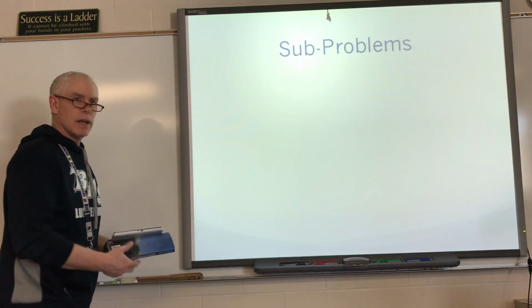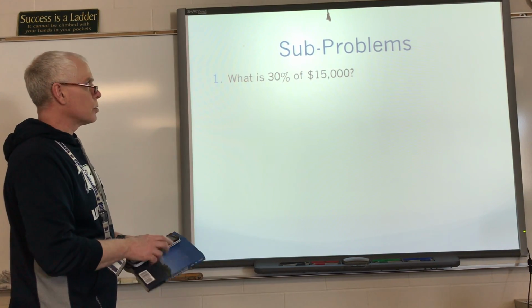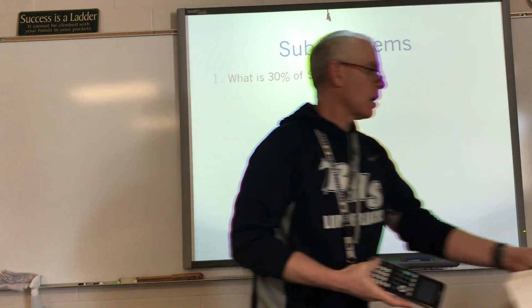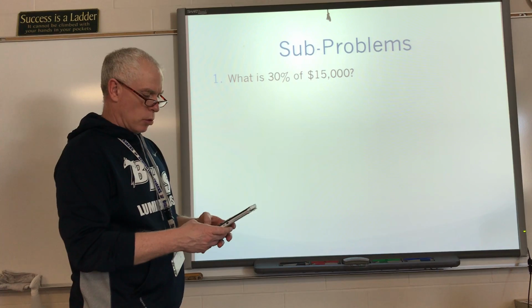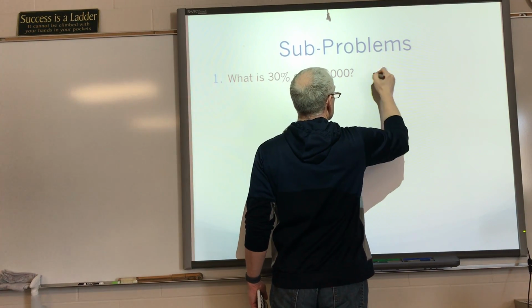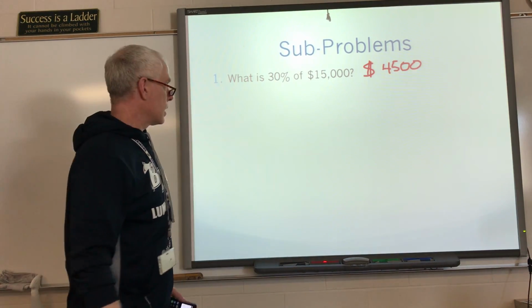We need to write out our answers in the form of sub-problems. So, first one, what is 30% of $15,000? I'm going to work through this with you. Of course, 15,000 times 0.3 is $4,500. So that's the discount that Barbara got.